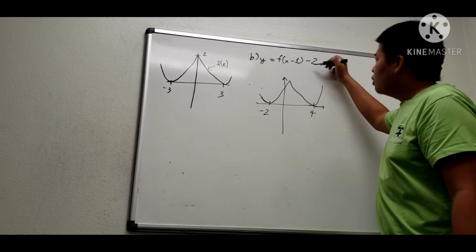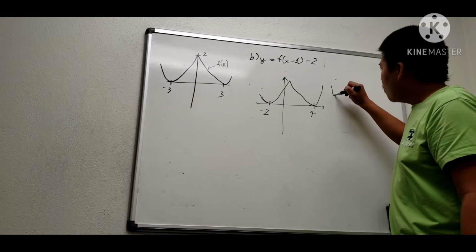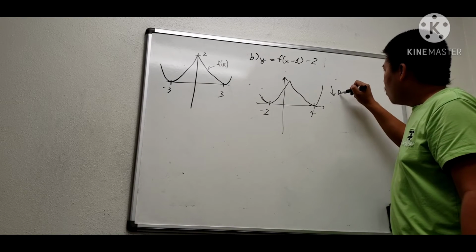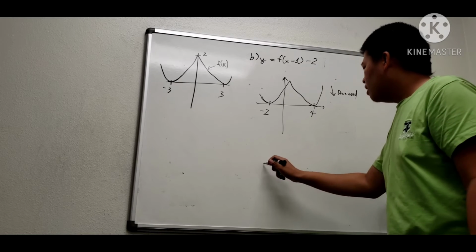Now we have the minus 2 in here. Minus 2 means on the graph they go downward. So that you got a new graph in here.